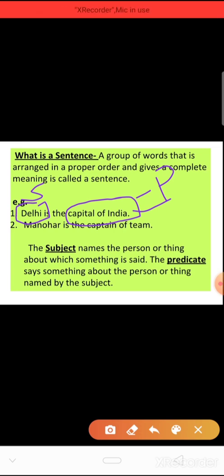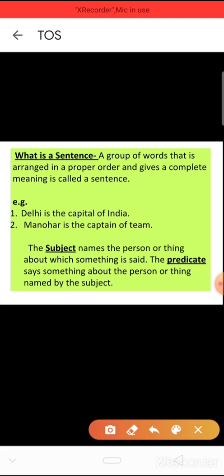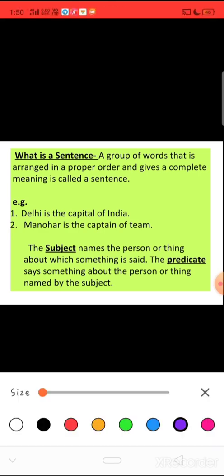So the subject is the name or the thing about whom we are talking, about whom we are telling something, and the predicate is whatever we are telling about that thing. Like in the second example, you can see that Manohar is the captain of the team.